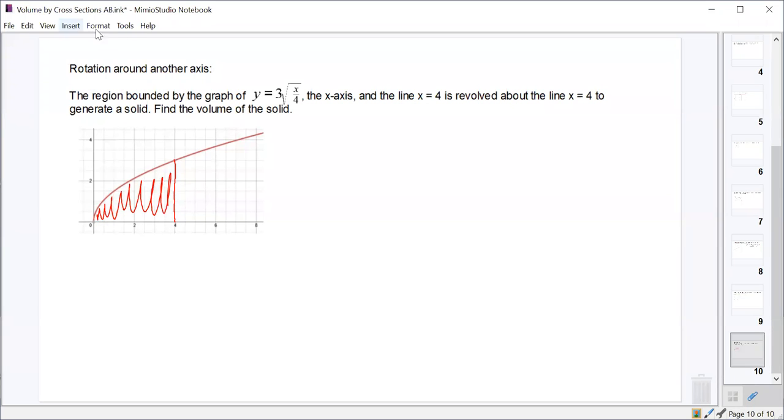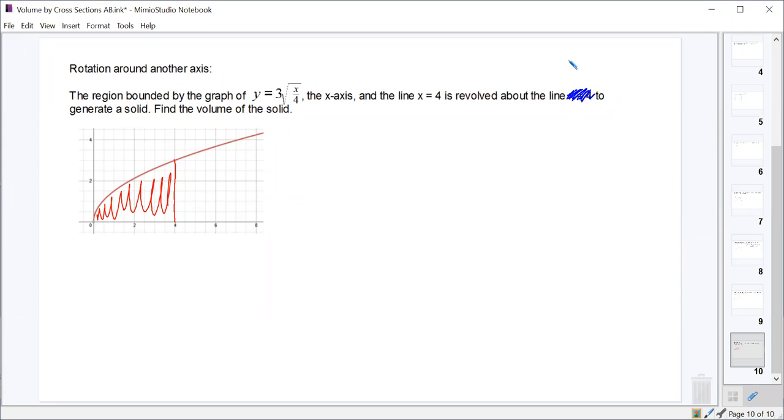And we're going to take that region and revolve it not around the x-axis, but around a line. I've written x equals 4 here, but I want to switch this up. We're going to do x equals 4 in a minute.